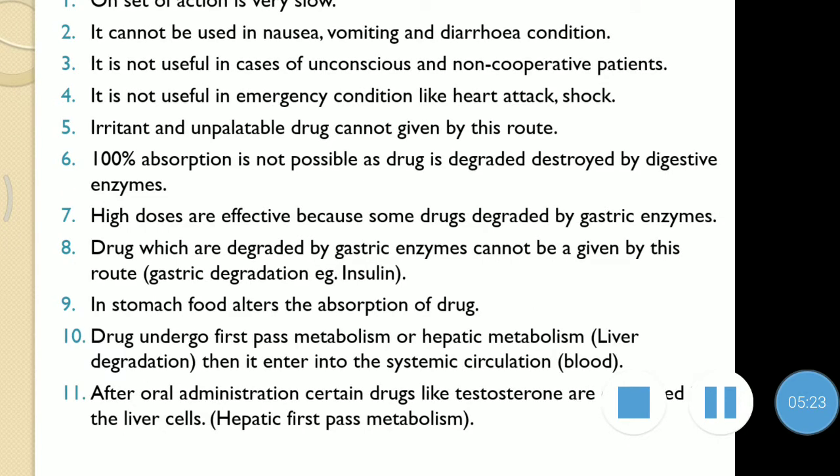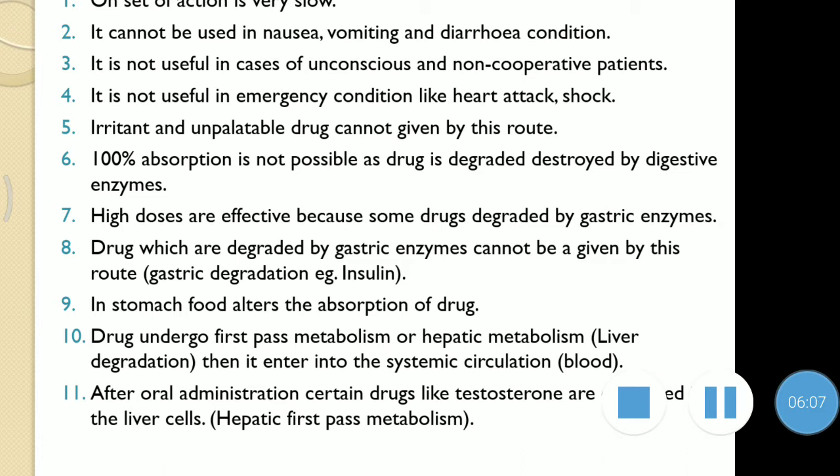Hence we have to give high doses of drug, especially for those drugs which get degraded by gastric enzymes. Next, the drugs which are degraded completely by gastric enzymes we cannot give by this route. Example is insulin. Some drugs will not get absorbed properly because of the presence of food. All the drugs given by oral route first get absorbed into the blood circulation of the portal vein and then go to the liver, and in the liver there is a chance that the drug will get metabolized, which is called first pass metabolism or hepatic metabolism.